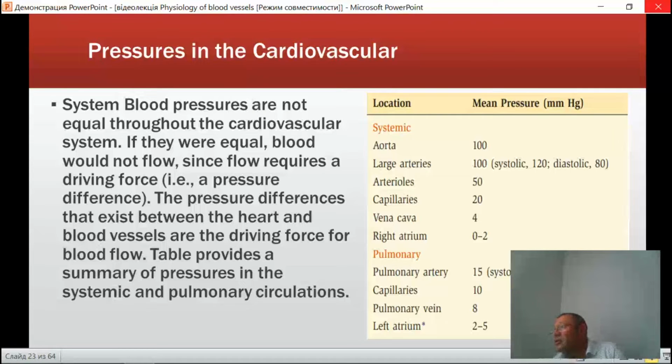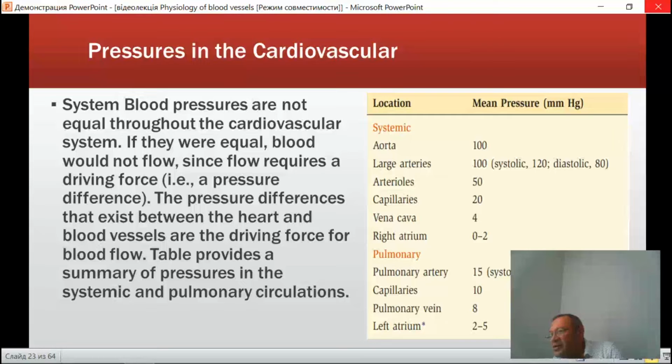First, in the aorta, you can see a value of 100 millimeters of mercury. Large arteries have the same pressure near 100 millimeters of mercury, systolic near 120, and during diastole 80 millimeters of mercury.